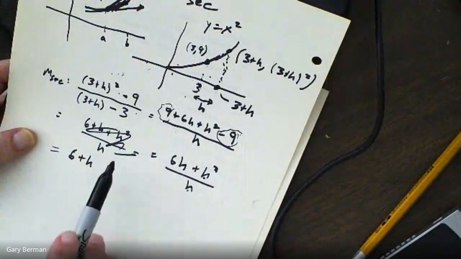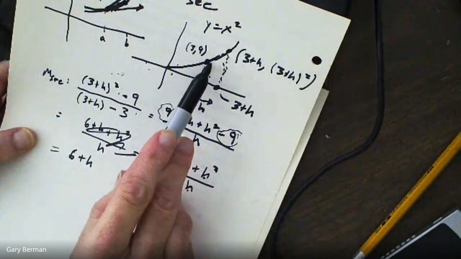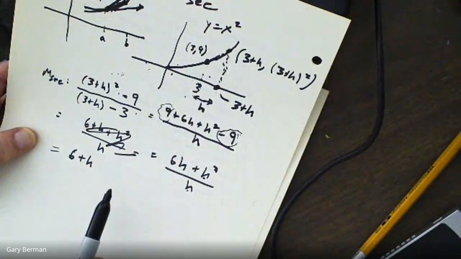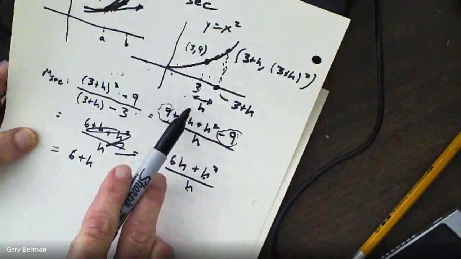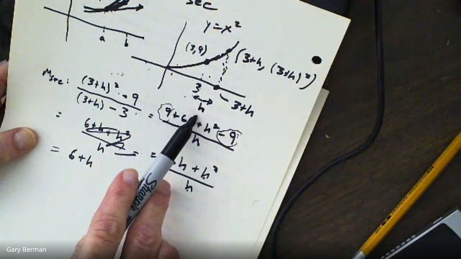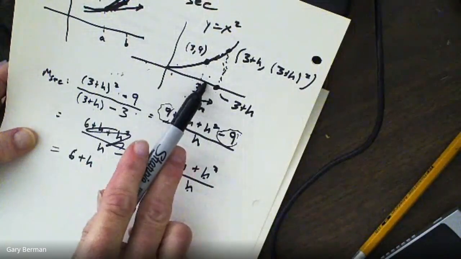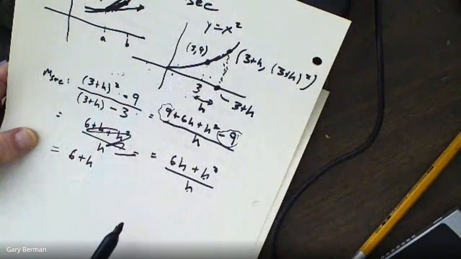But now what we said is we want to bring the point further up the curve closer and closer and closer to x equals 3. Another way of saying that, an equivalent way, is we're going to make h smaller and smaller and smaller. Every time we make this h smaller, we're picking an x value closer to 3, meaning a point closer on the curve.